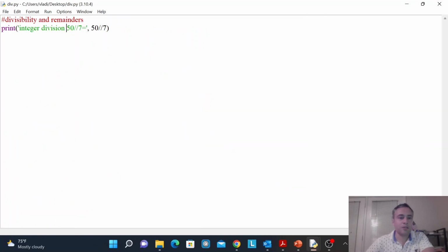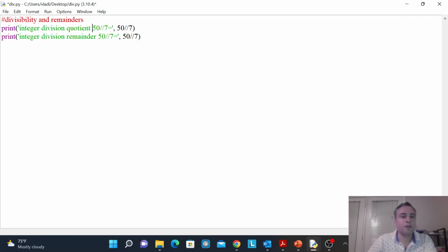How to find the remainder? Let me do another print statement. I'll add the word quotient. And here, in Python, the percentage sign means remainder.